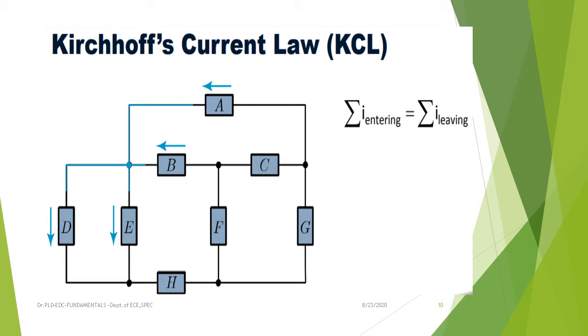That is KVL. And the sum of currents meeting at a point is equal to 0, that is, the sum of currents entering a point is equal to the sum of currents leaving from a point. That is the equation of Kirchhoff's current law.